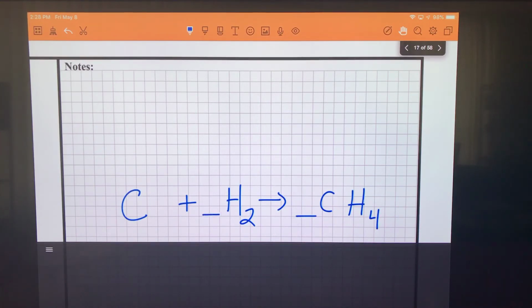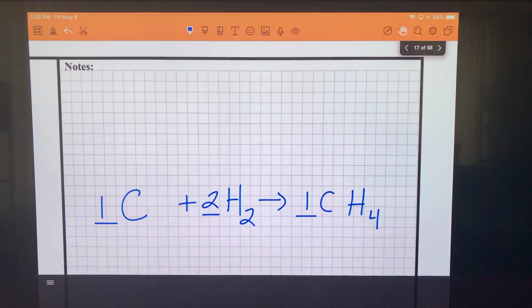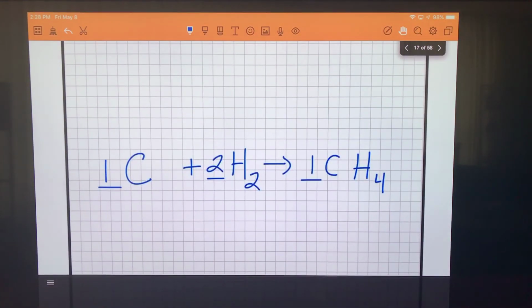Okay. Last, we need to balance it. That makes 4 hydrogens on each side, and just finish it up with a couple of 1s. All right. So that's through those first 5 steps. I go through that one pretty quick because we've been doing this step since early March before we went on break.